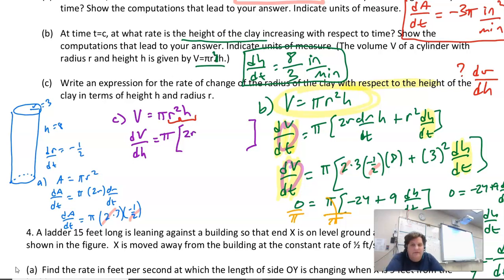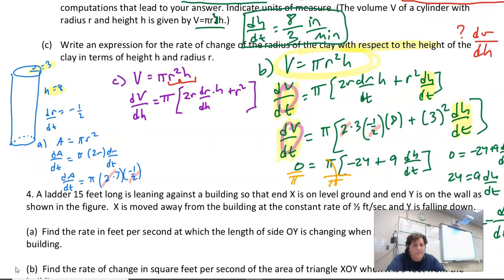The derivative of the first is dr/dh times the second, plus r squared, and then the derivative of the second. Now the derivative of h with respect to h is 1, so I don't actually need that.